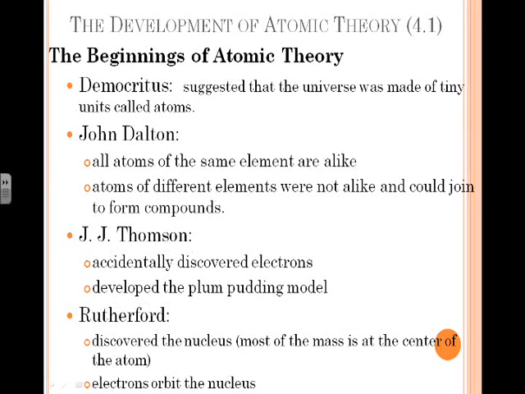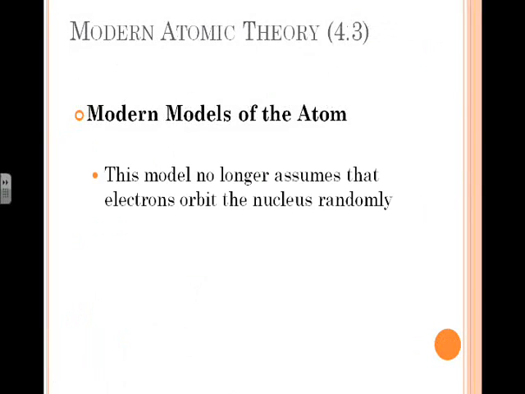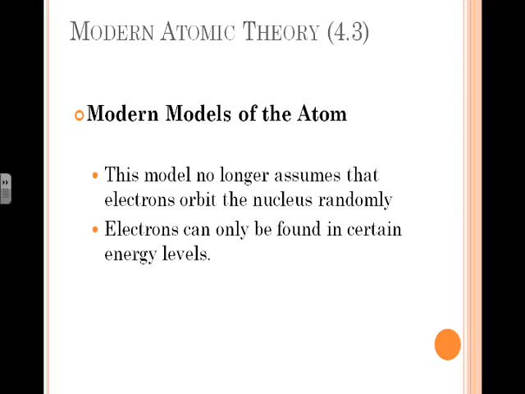Now let's look at the modern theory. The modern theory no longer assumes electrons orbit randomly like J.J. Thomson did. We now believe, like Rutherford discovered, that they orbit the nucleus in a certain direction, and that there also is a pattern to it.